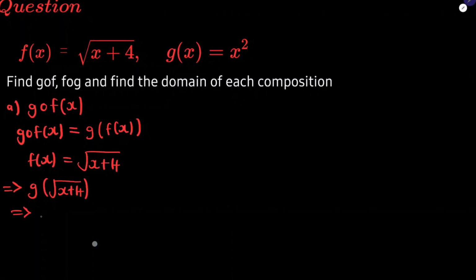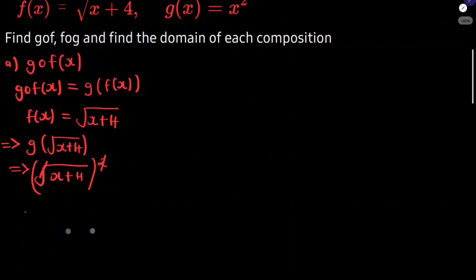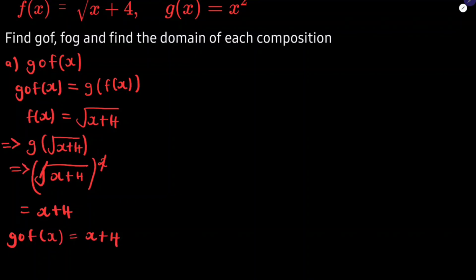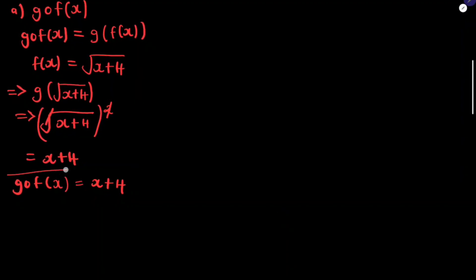This is going to be the square root of x plus 4, squared. This squared will cancel the square root and we will be left with x plus 4. So our g of f of x is equal to x plus 4.